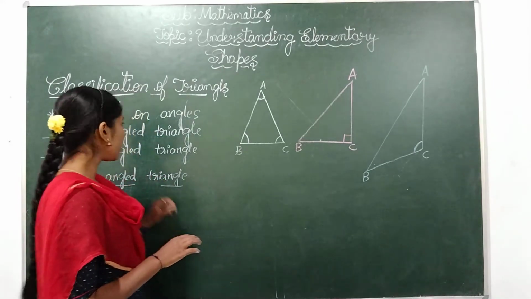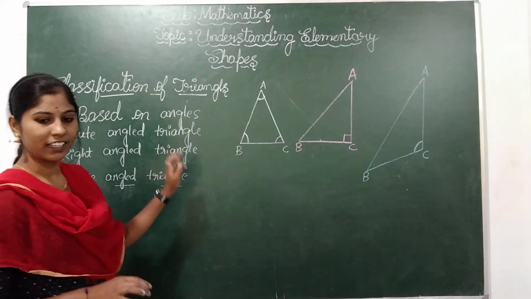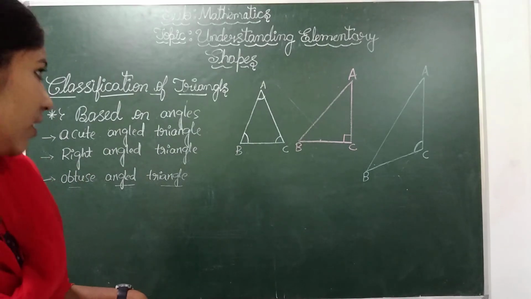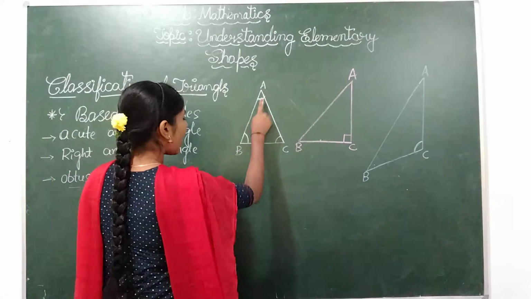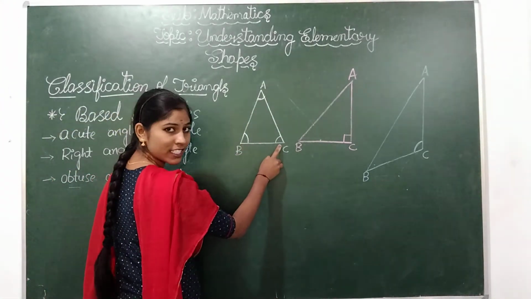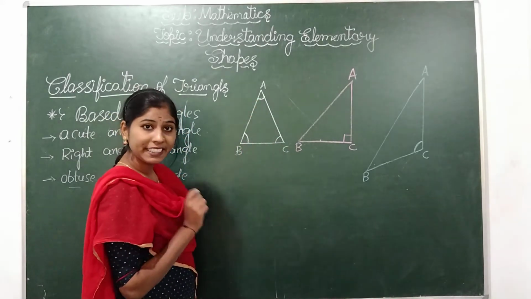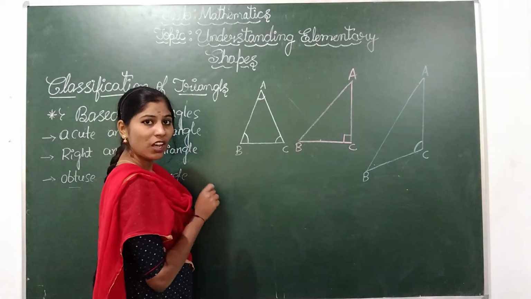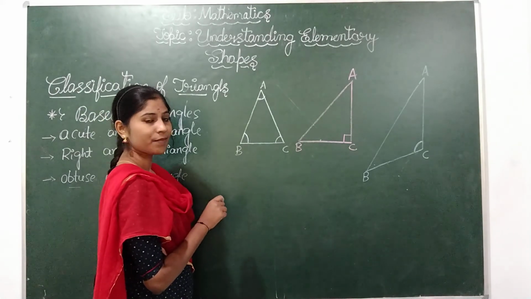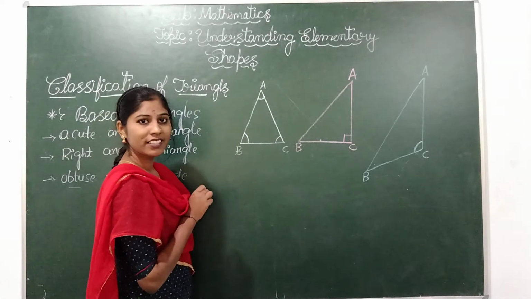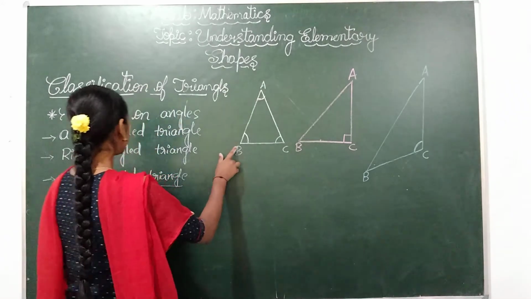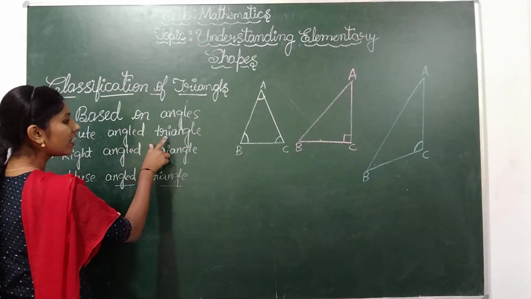This is called an acute angled triangle. This is angle A, angle B and angle C. Each angle is less than 90 degrees. In this triangle, all three angles are each less than 90 degrees. This is called an acute angled triangle.